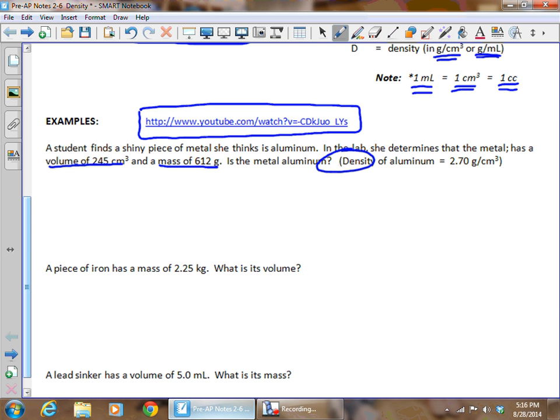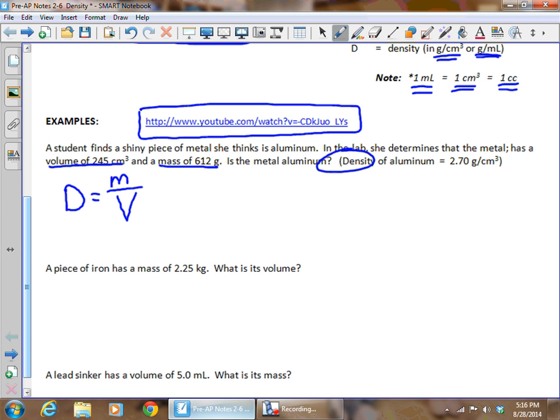The first thing I'm always going to ask you to write down is the equation. Density, capital D, equals mass, small m, over volume, capital V. Since we're solving for density in this case, we do not need to rearrange the equation, so we can leave it like this. And the rule is always: we write the equation, we show the substitution, we give the answer.